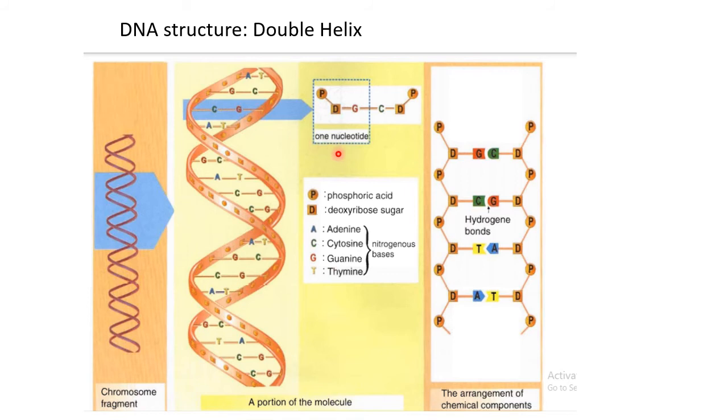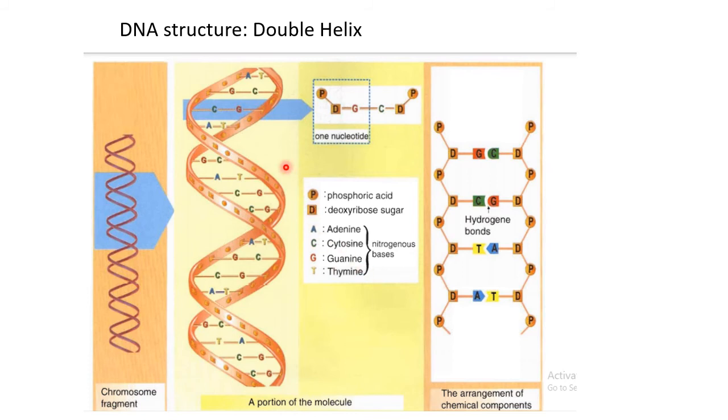The nucleotide has three components: phosphoric acid, represented by P, deoxyribose sugar, represented by D, and a nitrogenous base, represented by A, C, G, or T. It means we have either A or C or G or T in the place of the nitrogenous base. A stands for adenine, C cytosine, G guanine, and T thymine.